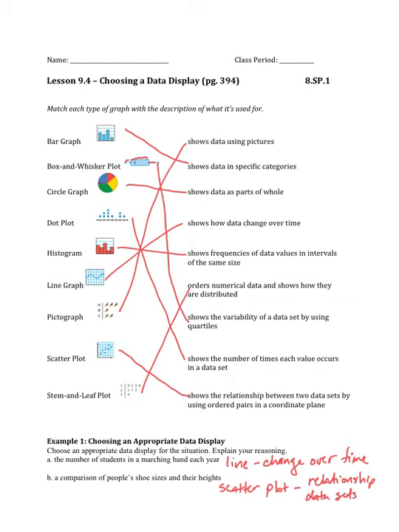In this case, it would be showing the relationship between shoe size and height, which I would think would have a positive correlation, but probably not perfectly correlated. You might have somebody that has big feet and that is kind of on the shorter side, or a taller person that has smaller feet. It wouldn't be a perfect correlation, but it would be some sort of a positive correlation probably.